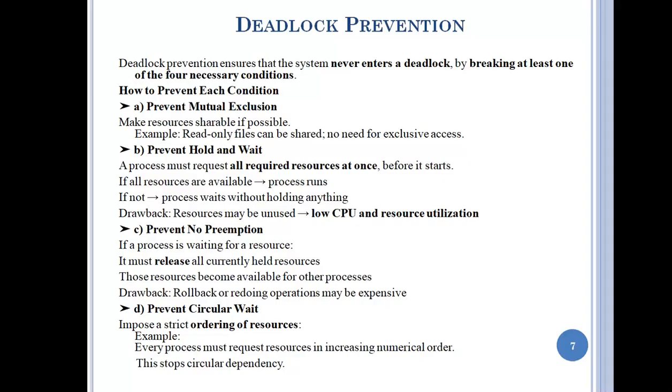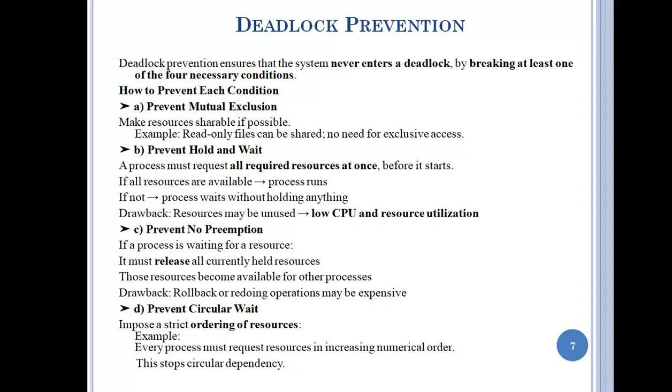Second is prevent hold and wait. This means a process must request all required resources at once before it starts. If all resources are available, the process runs. If not, the process waits without holding anything. But there is one drawback, that resources may be unused, giving low CPU and resource utilization. Third one is prevent no preemption, which means if the process is waiting for a resource, it must release all currently held resources.